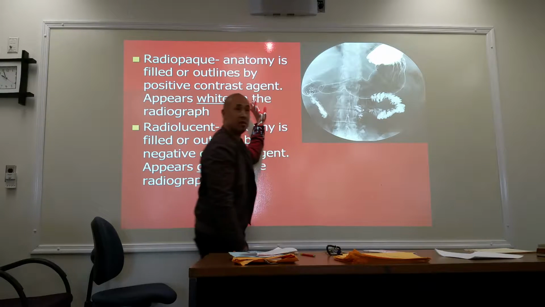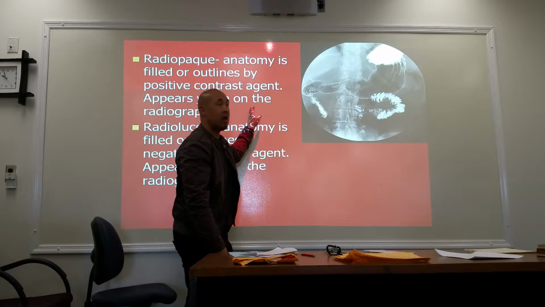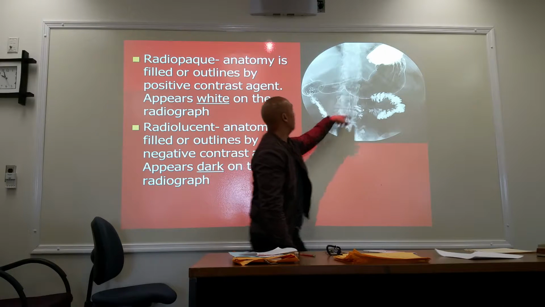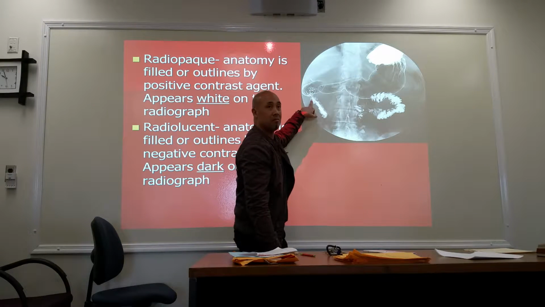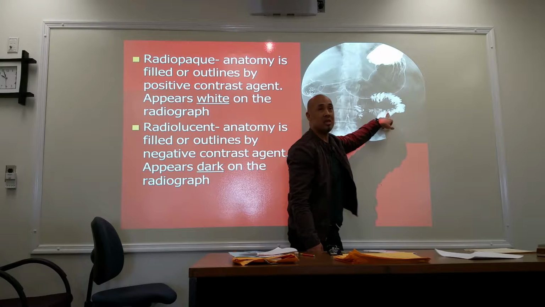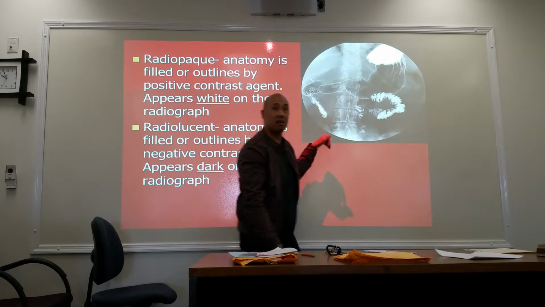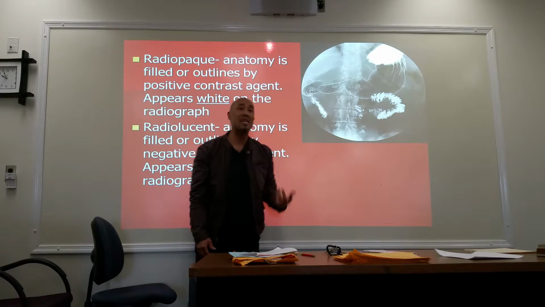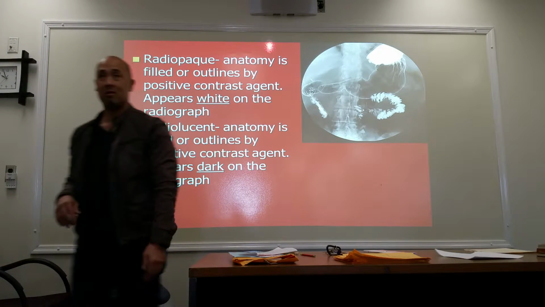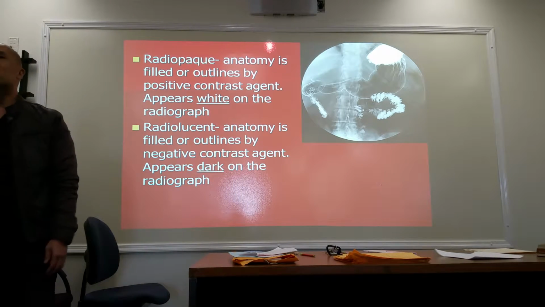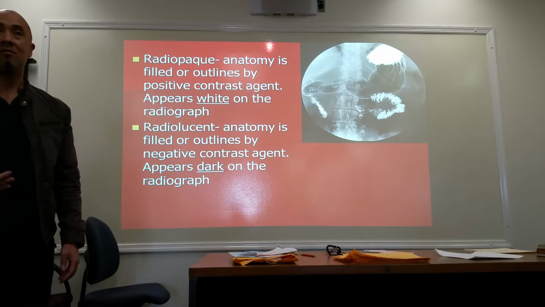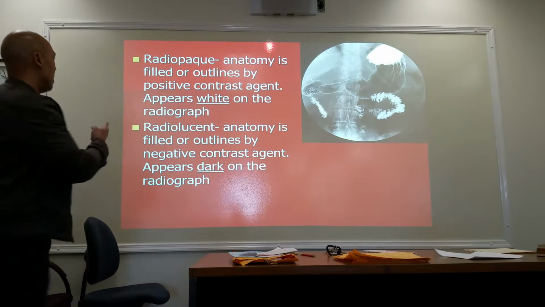It is white. Okay? So we can see the stomach, we can see the duodenum, we can see the jejunum, and if it continues to fill the bowel, we'll eventually see the ileum and the rest of the large bowel. So it looks white, it's opaque, it's solid.